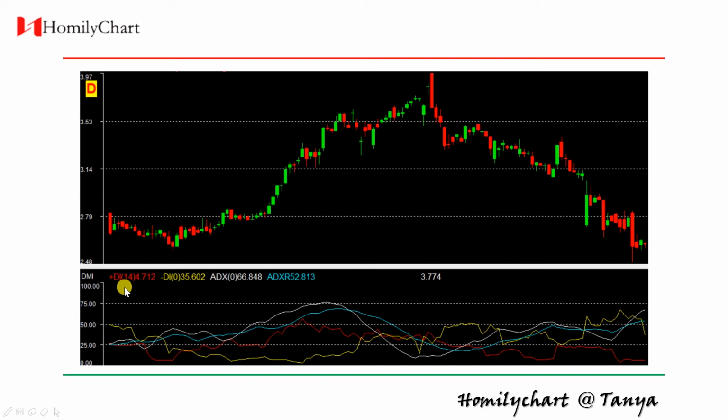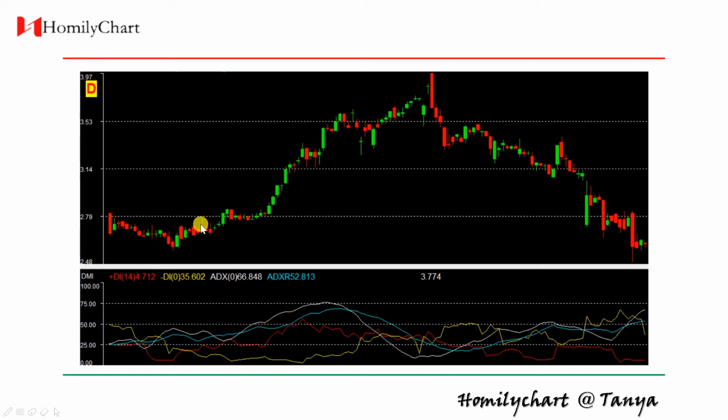So if plus DI and minus DI are both very small, then these white and blue lines will turn downwards. So in sideways, these 2 lines will go downwards, but in uptrend and in downtrend, both of these 2 lines will be in uptrend.